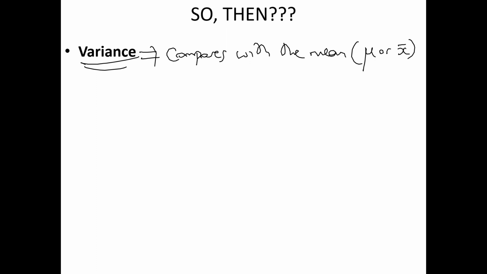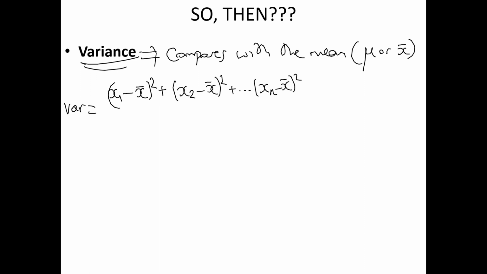The formula of the variance is: we have x1 minus the mean, which can be mu or x bar. I'll just go with x bar, squared, plus x2 minus x bar squared, plus up to xn minus x bar squared, and that divided by n minus 1. This is for a sample.